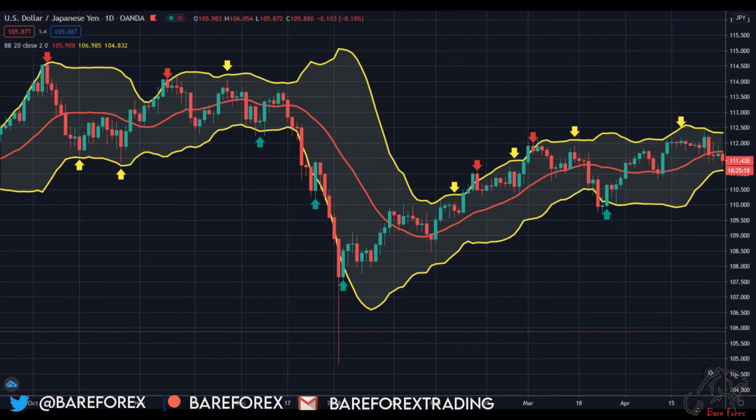Now, I put a bunch of tags all over the place, but each of the red arrows represents what I interpreted as a valid, high probability short trade, according to basic rules, as I understood them. Now, the green up arrows represent valid, high probability long trades. The yellow arrows are higher risk trades.